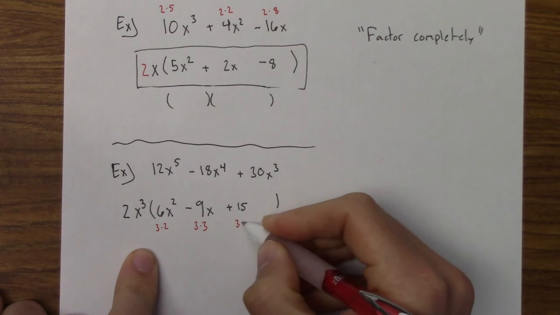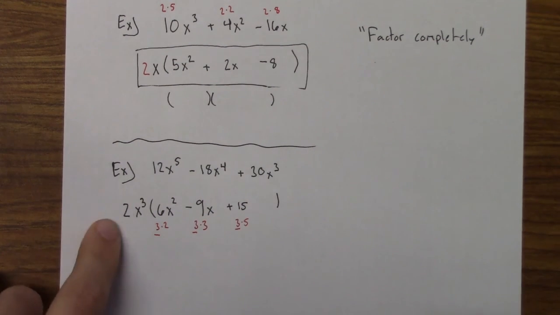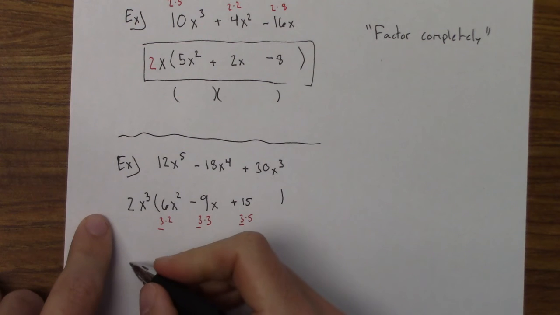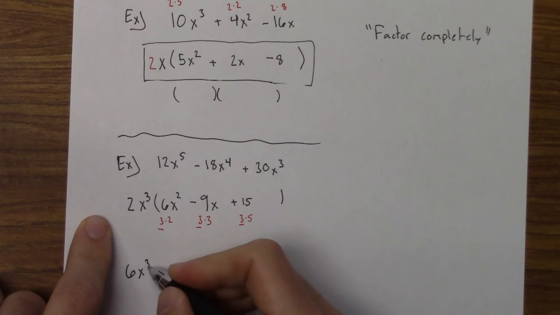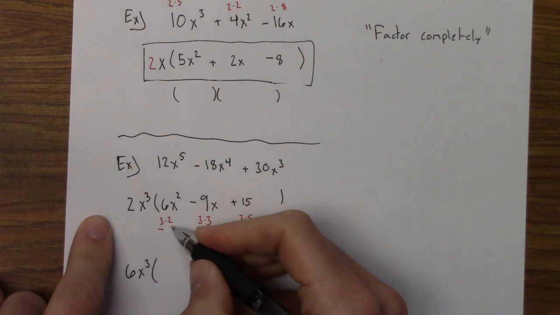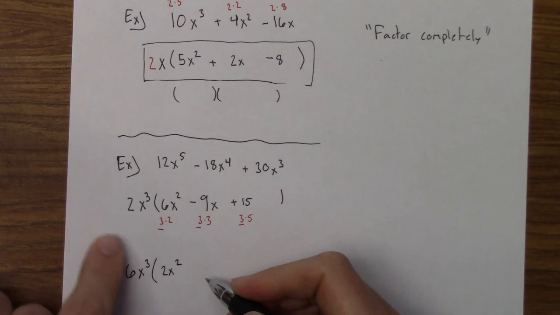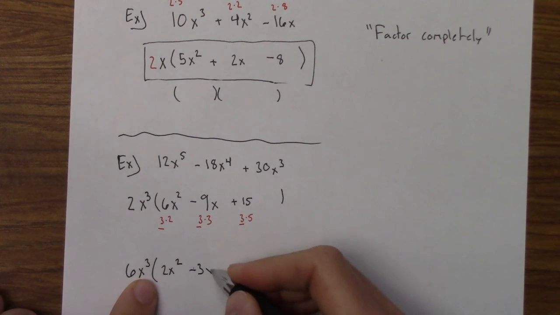And the fact that they've all got a 3 in them means that that 3 can come out in front. And when it comes out in front, it's going to combine with that original 2. So 2 times 3 gives me 6. There's my x cubed. What's left? First term is a 2x squared. Second term, I had a 3 left over, so minus 3x.